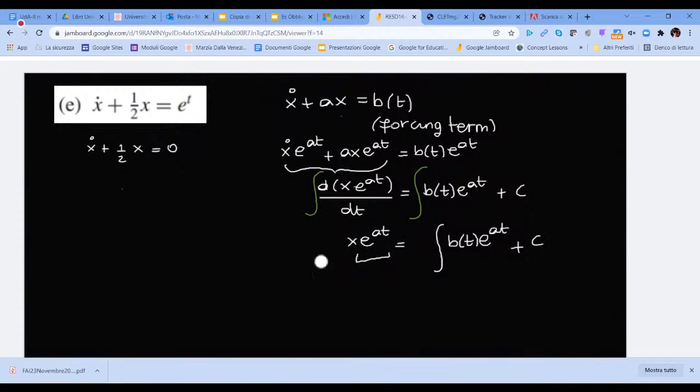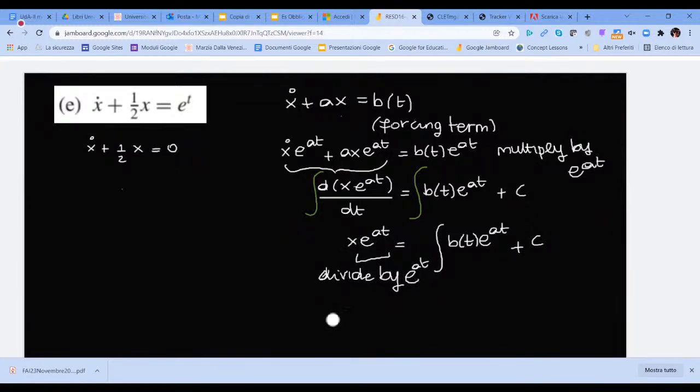Okay, and now you can multiply everything by the reciprocal function of this one. It is the same as divide by, on both sides, of course, e to at.